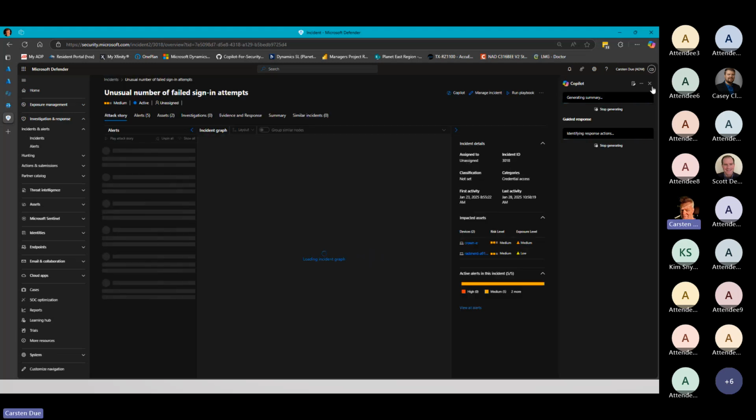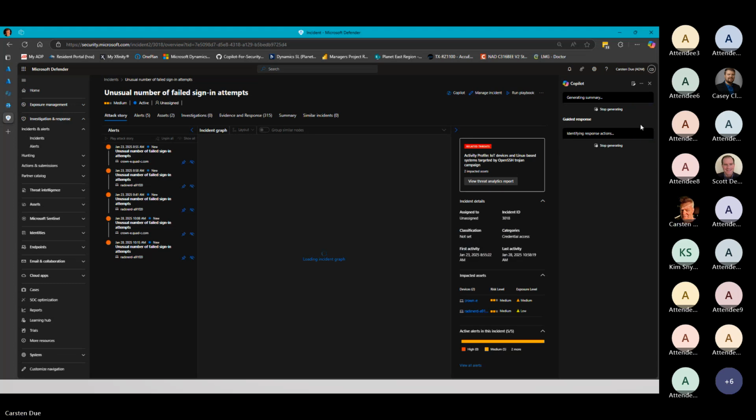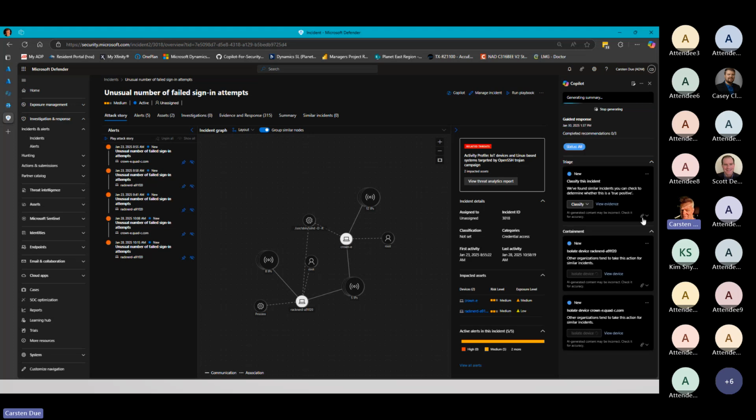If you pay attention to what's happening up here in this corner, this is Copilot for Security. Now looking into what is this and what's happening with these alerts that make up this one incident. I just installed Security Copilot. There it is. Okay.